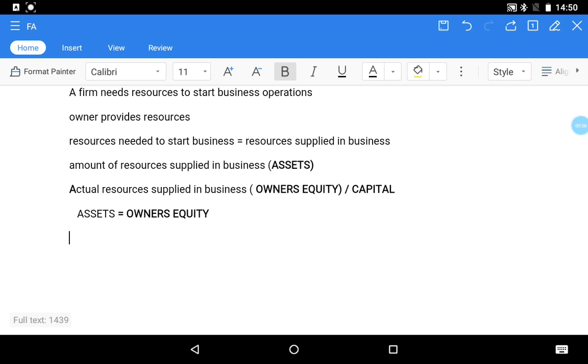But remember, during operation you will need suppliers, you will need third parties.